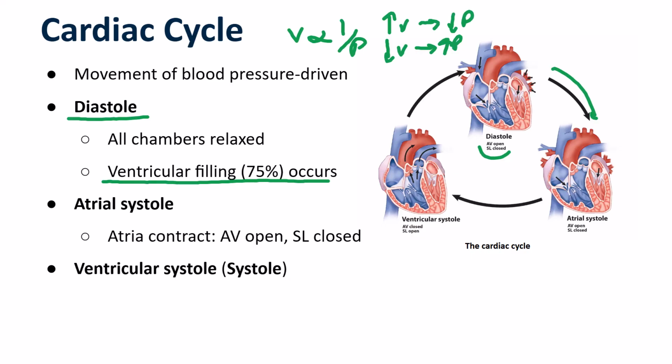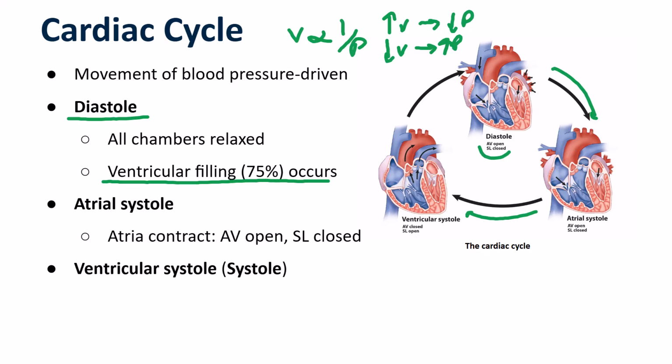Following diastole, what happens is the atria contract. So we go through a period of atrial systole. So blood is still moving through the open atrioventricular valves. The semilunar valves are closed, and the ventricles are becoming maximally filled. This is a time known as atrial kick because you get that extra quarter of blood flow in there.